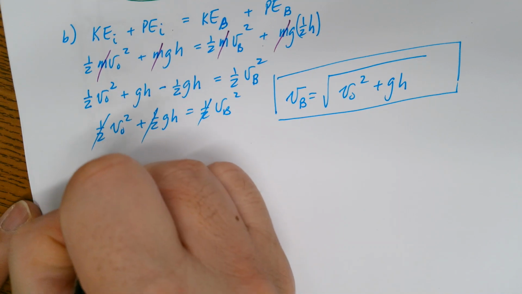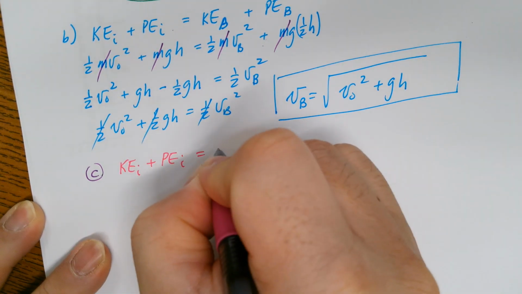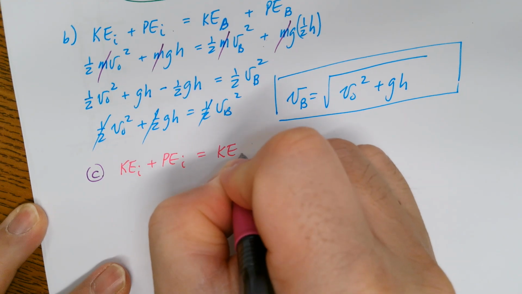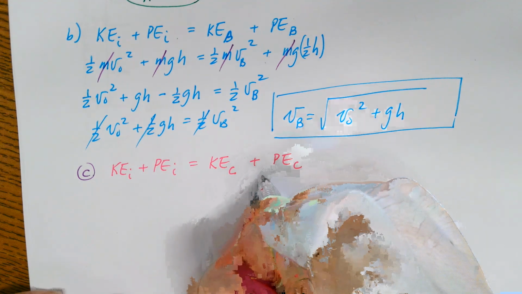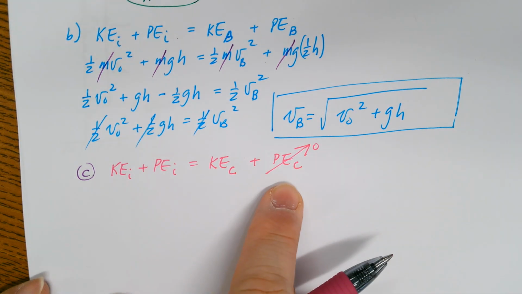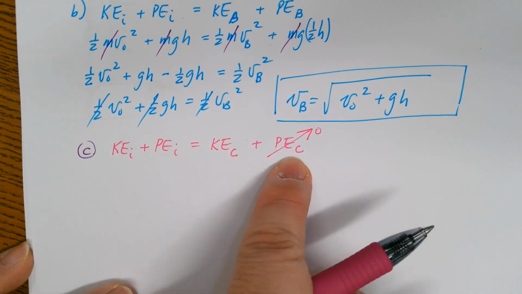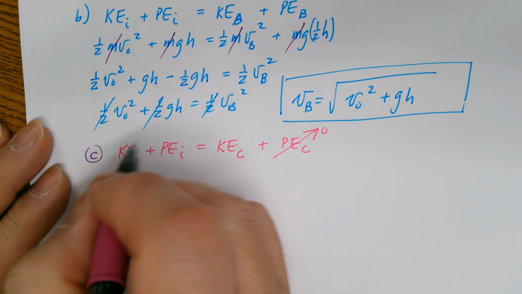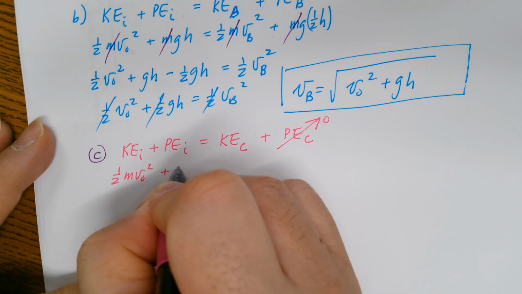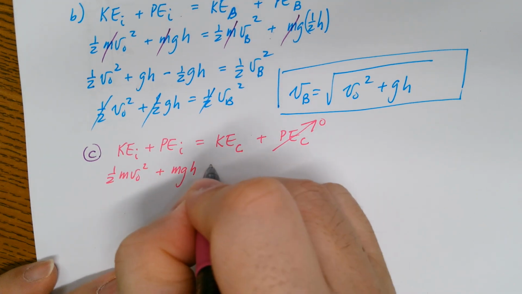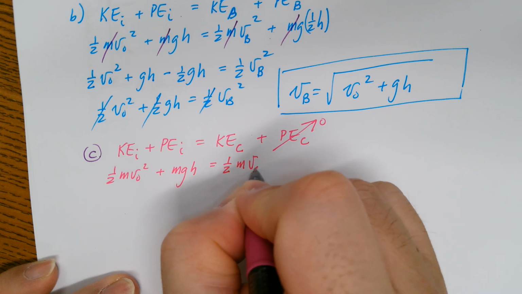So kinetic energy initial plus the potential energy initial is equal to kinetic energy at C plus the potential energy at C. Potential energy at C is 0, it looks like. I don't have any height at C. So 1/2 m v naught squared plus mgh is equal to 1/2 m v at C squared.